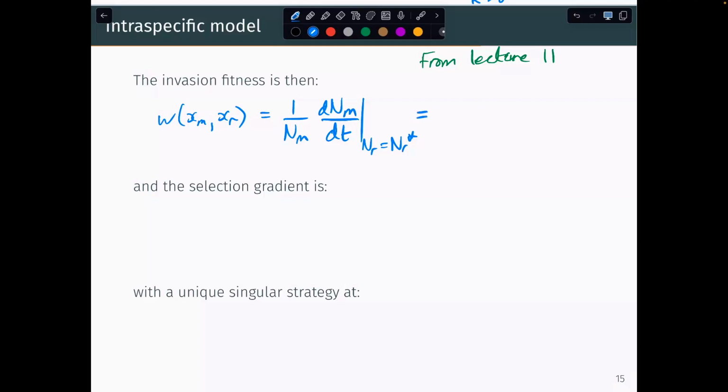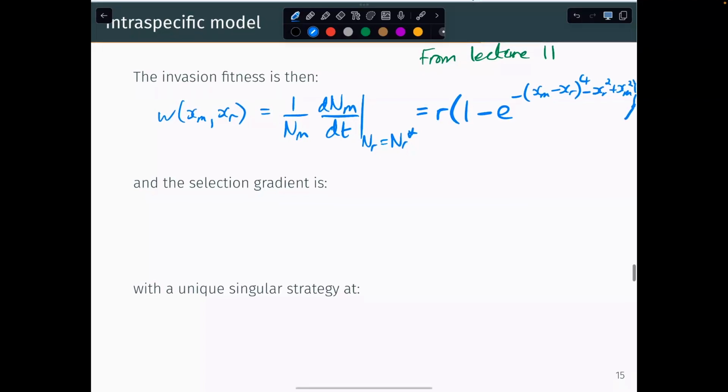We found this to be equal to r times (1 minus e to the minus (xm minus xr) to the power of 4 minus xr squared plus xm squared). I'm not going to go through the derivation because it's lengthy, just the highlights of the results.